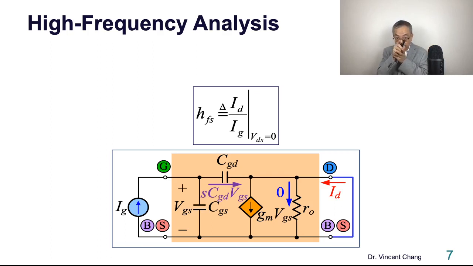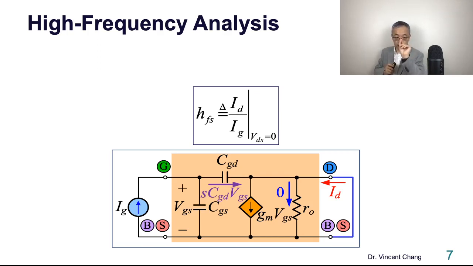Pay attention, the output is now short circuit, so the voltage across CGS is the same as the one across CGD. So the voltage across CGD is also VGS, divided by the impedance, which is 1 over S CGD. So it turns to S CGD VGS, which is the purple current.